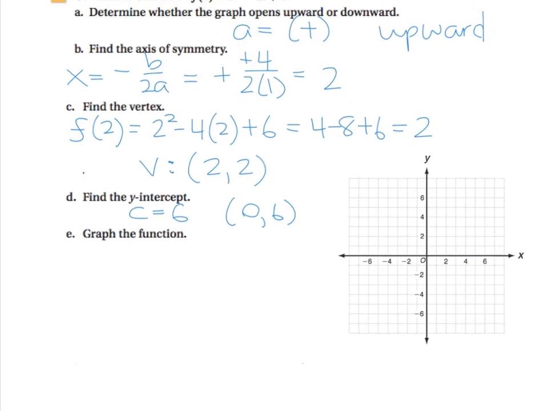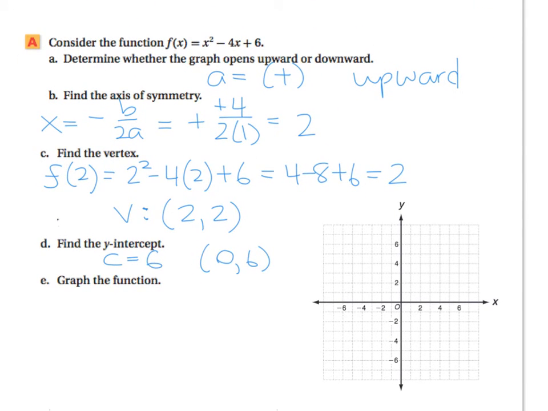And we graph. So what you can do is just graph those critical points, which is the vertex at 2, 2, and the y-intercept at 0, 6. And you know it has symmetry right there, so that means I can plot the same point on this side, so it should look like so.